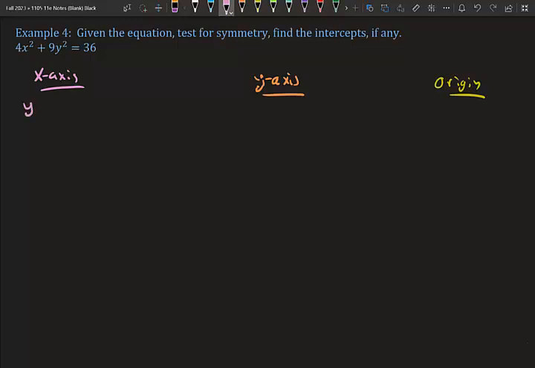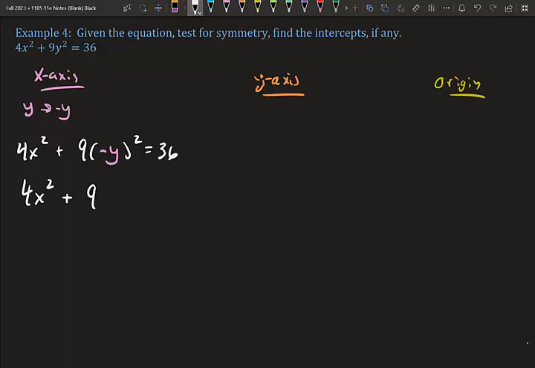Remember, we're going to switch y to negative y and simplify. So we have 4x squared plus 9 blank squared equals 36. And in that blank, we plug in negative y. So we have 4x squared plus 9 negative y squared, which is positive y squared, equals 36. Oh, hey, that's the same thing.